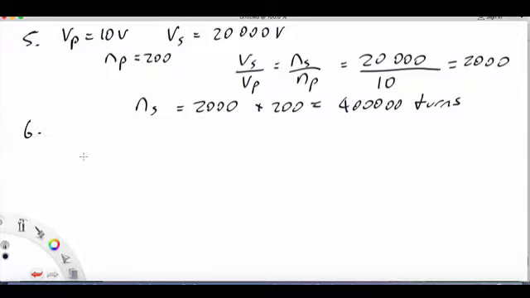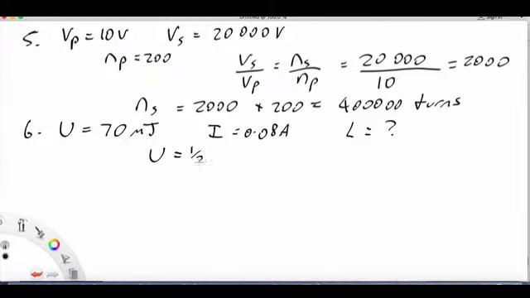Number 6, we have a car ignition coil and it is storing 70 millijoules of energy. And the spark current out of the secondary coil is 0.08 amps. So what is the size of the inductance in the secondary coil? Now our equation is that the energy is a half L i squared.